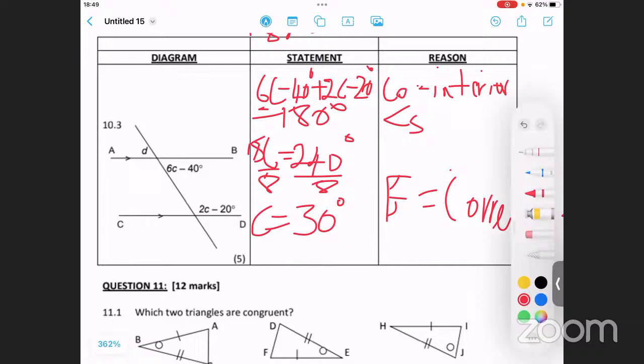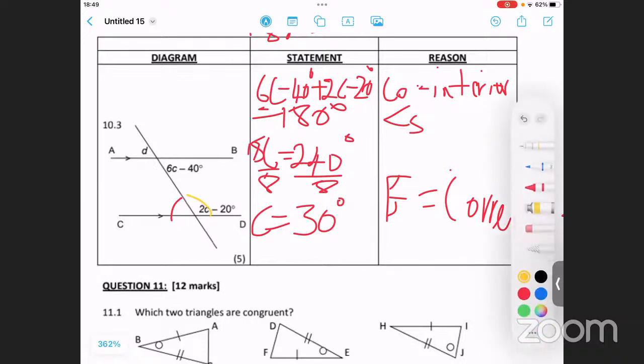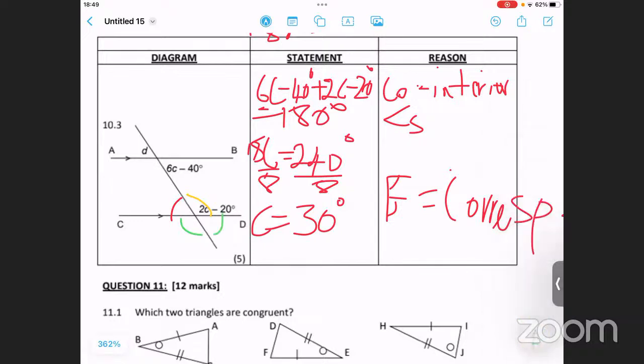So if we were looking for this angle right here, let me change the color. We can use this one to get the value of that red angle. And again, we can use this one, and let's see blue, and we can also use this one. So basically, we can use everything.